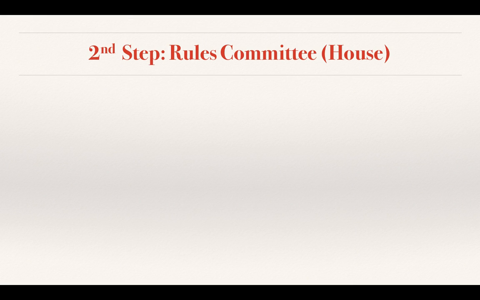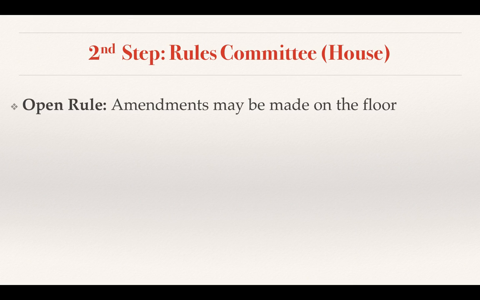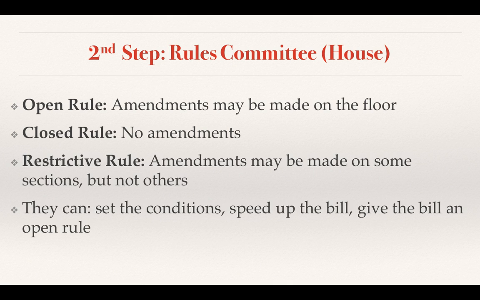The second step is the Rules Committee. You can either have an open rule, where amendments may be made on the floor, or a closed rule, where no changes can be made. A restrictive rule means amendments may be made on some sections but not others. These rules committees can set the conditions and speed up the bill.